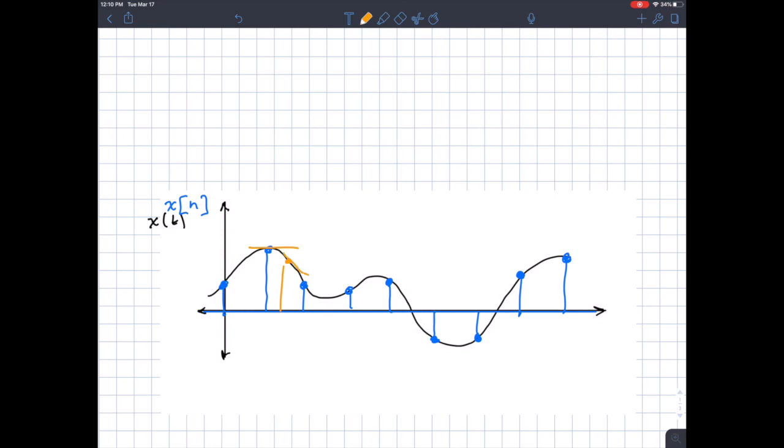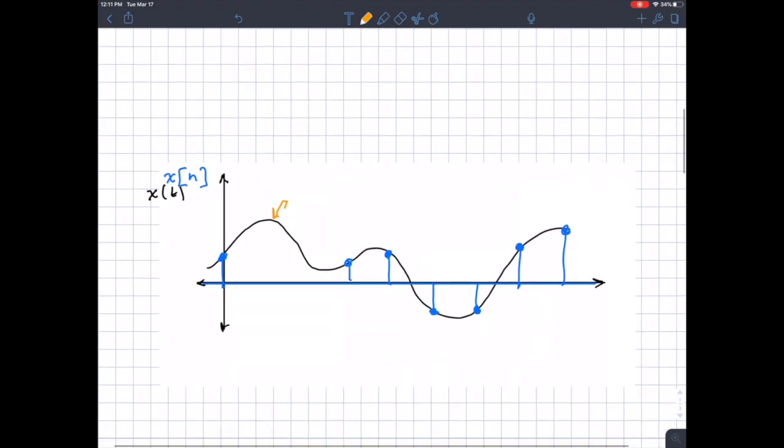What is the slope of the original function at this midway point between two samples? At first you're thinking, wow, how could you do that? Well, if you go back to sinc interpolation, since we can interpolate to find the original signal here, we can use that method to estimate the derivative.